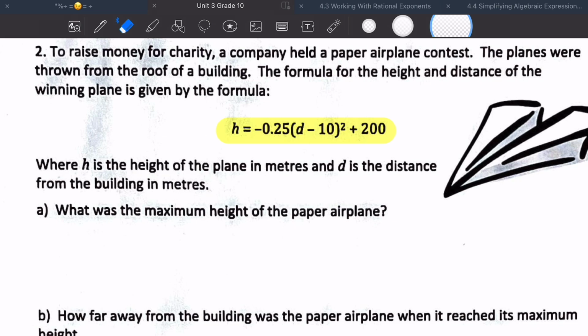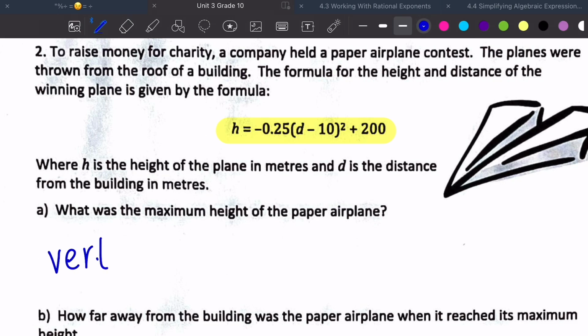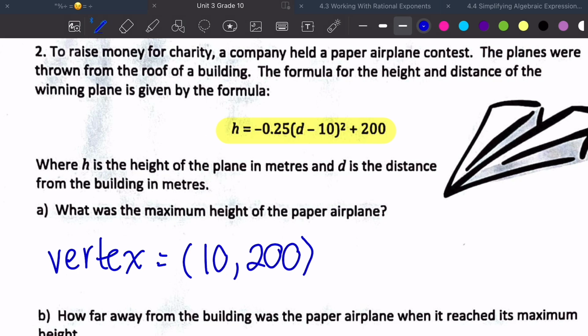We're in vertex form, so what's my max height? 200, right? If my vertex is equal to 10, 200, because H and K, then my max height is going to be 200. It's the Y value.